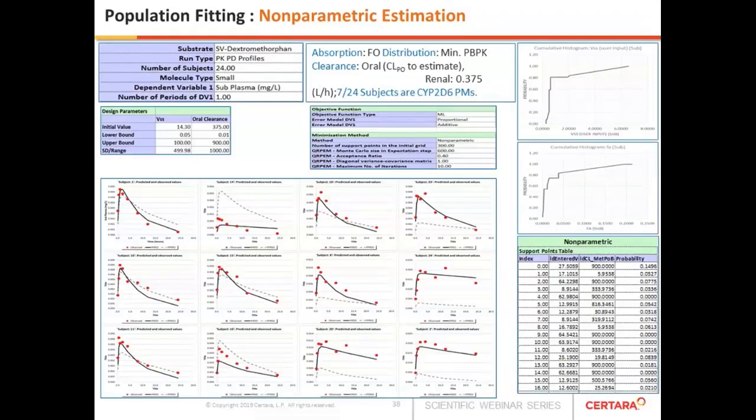So we have 7 subjects who are CYP2D6 poor metabolizers, and it also shows your initial values and the distribution, the initial guess you selected for each of the parameters, and then this shows a reasonable fit between the observed data and the prediction. In addition, it also plots the probability plot for each of the parameters estimated along with the associated values in this table.